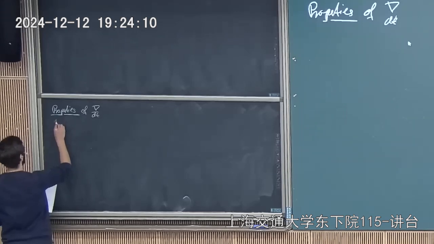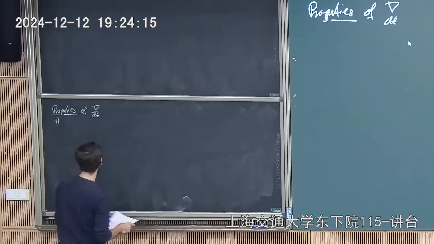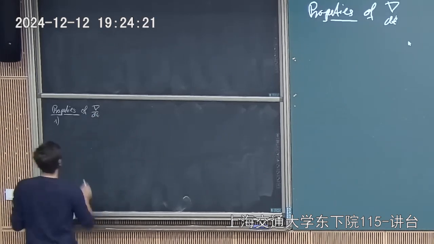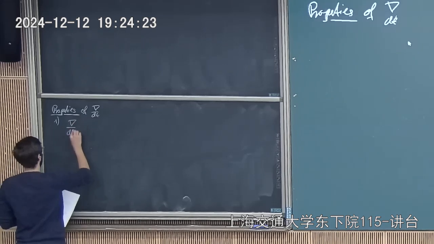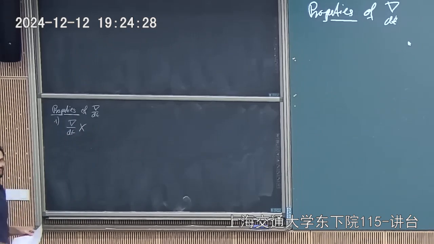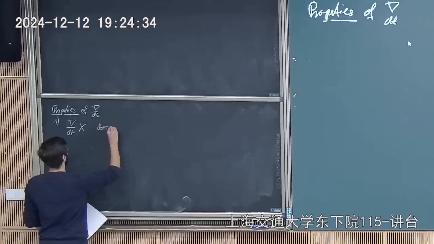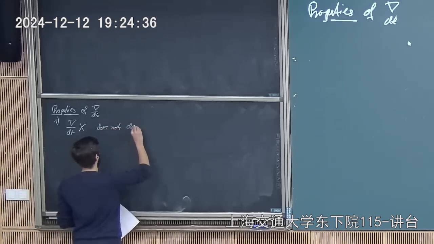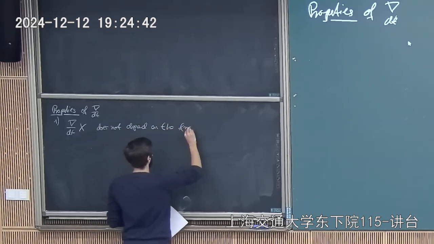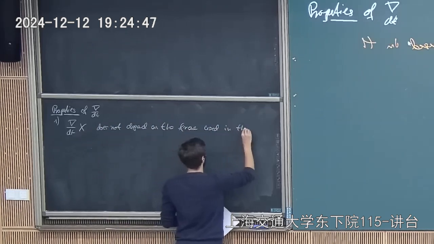So the first result is that the covariant derivative d/dt of X(t) does not depend on the frame used in the definition.